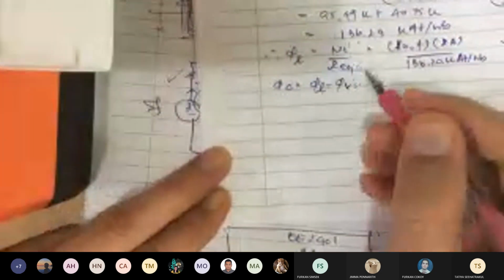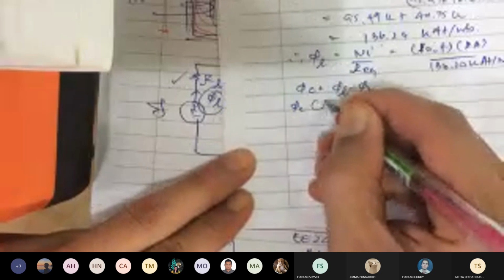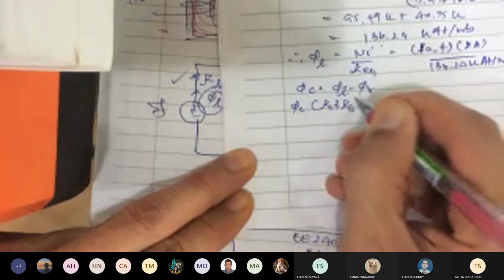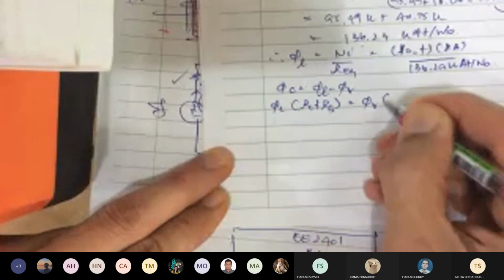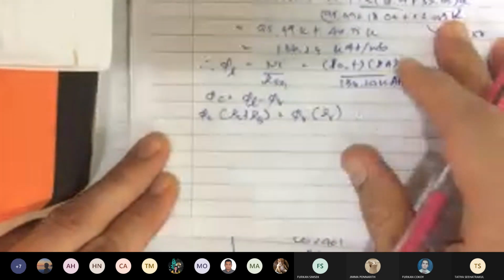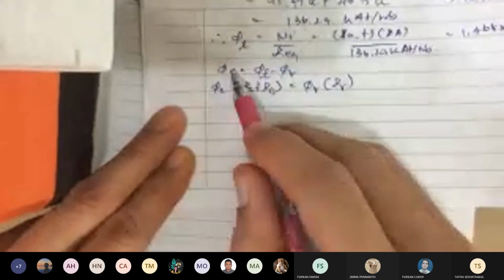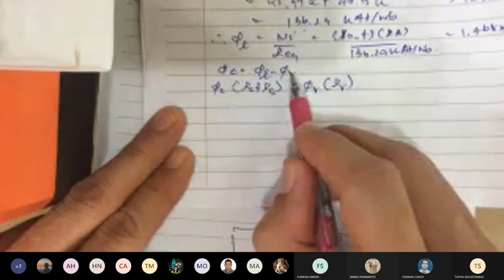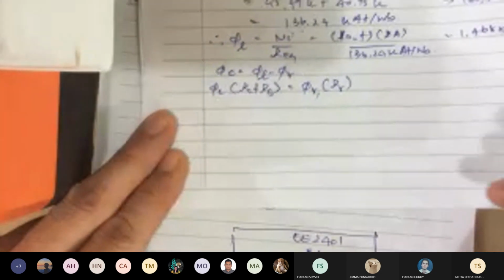So we know that phi C times RC plus RG must equal phi right times R right. Okay, so we have two unknowns, C and right, and two equations. So you can solve.